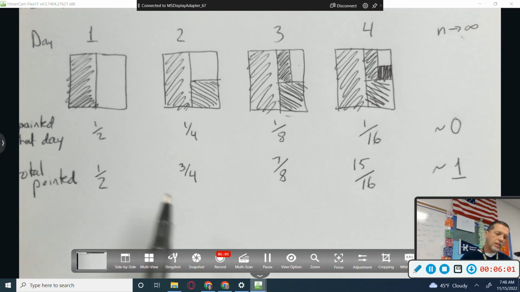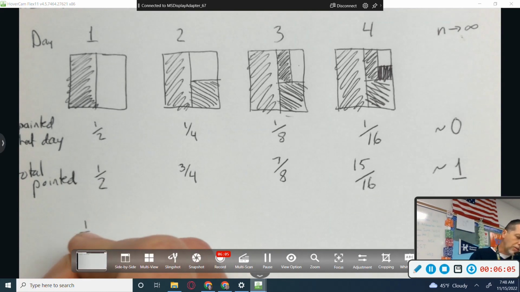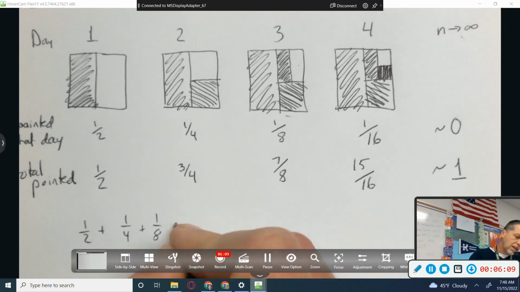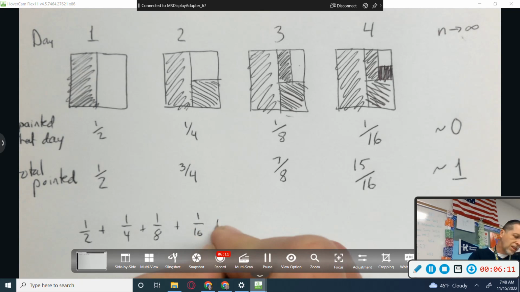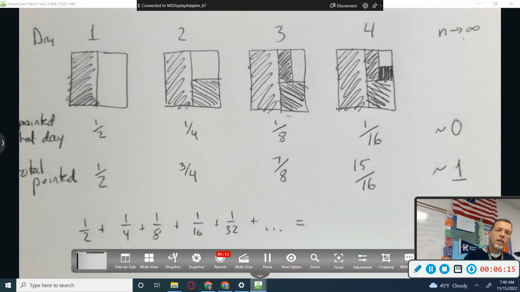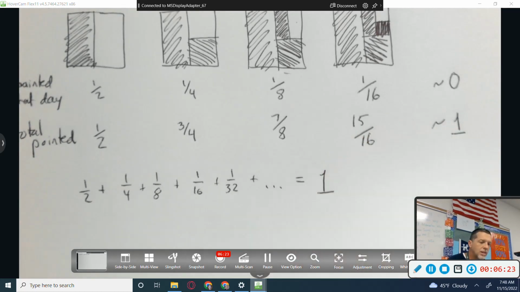Here's what we did. We did 1/2 plus 1/4 plus 1/8 plus 1/16 plus 1/32. If we could do that forever, that would be the whole wall.